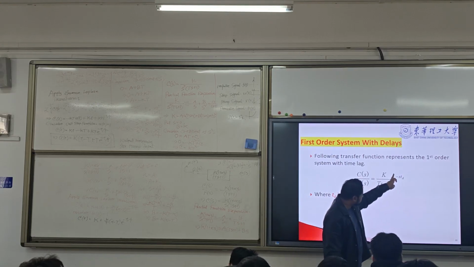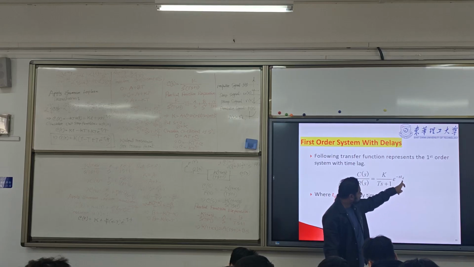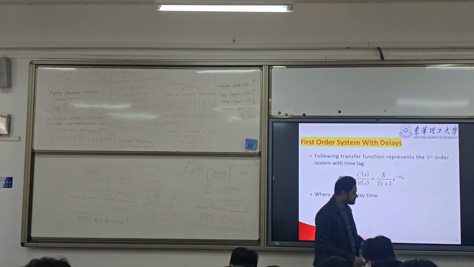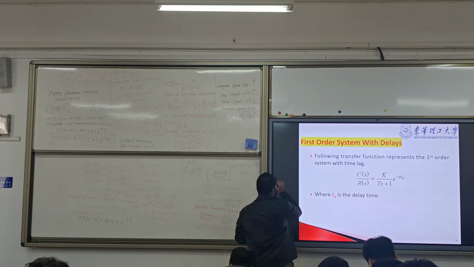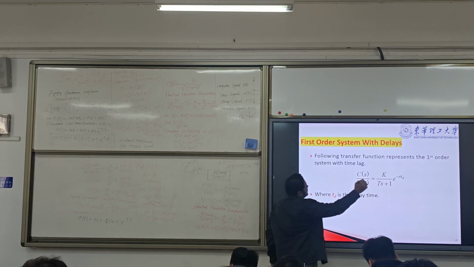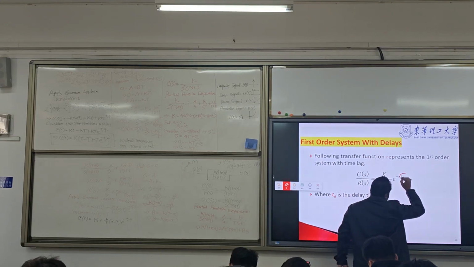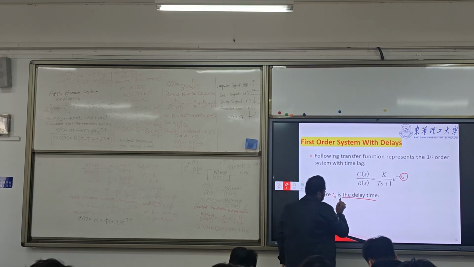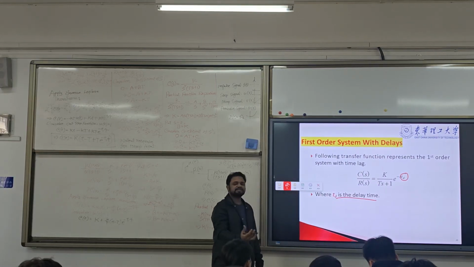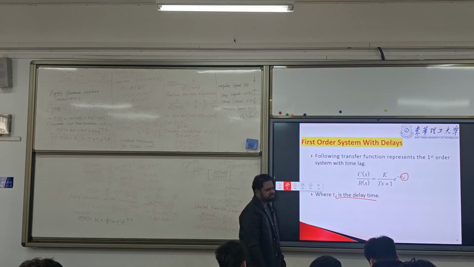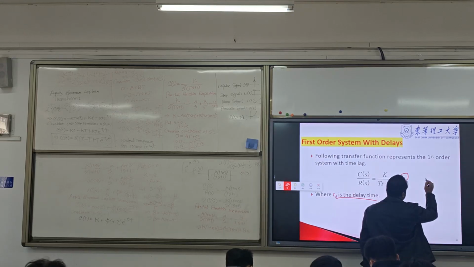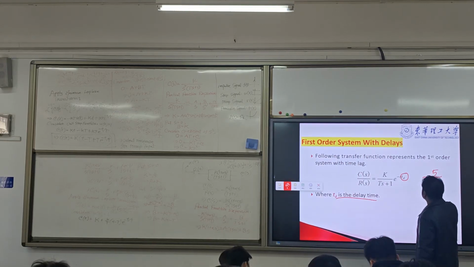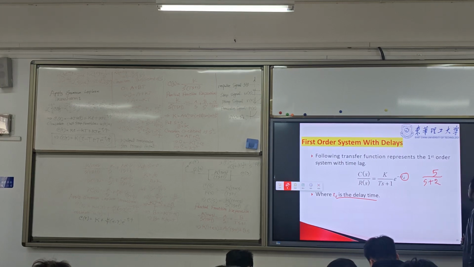If you see this type, e to the power minus s TD, this TD is called delay time. If you see a system like that, suppose I write one like 5 by s plus 2, e to the power minus 2s.